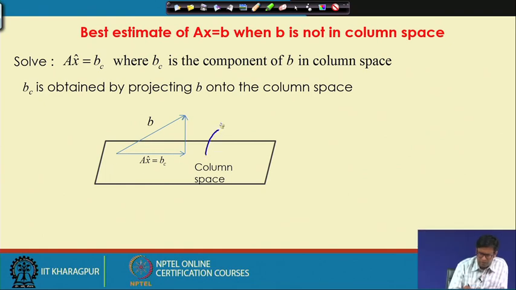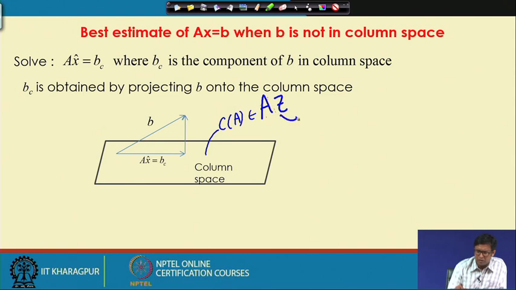Or we can write any column space vector, any vector in the column space is of the form A z. So, A z is the first column of A multiplied by z 1, plus the second column of A multiplied by z 2, and so on.